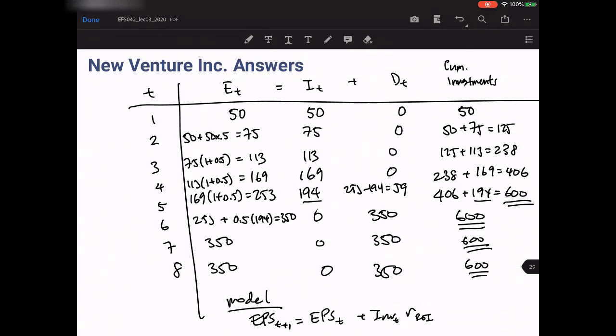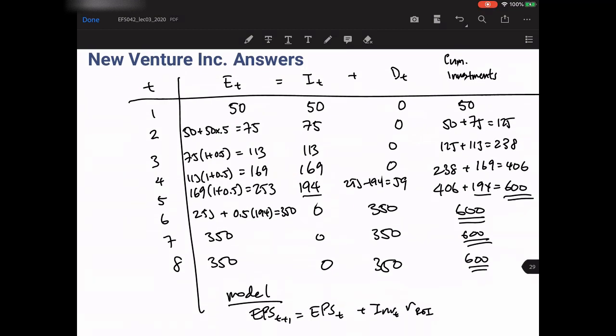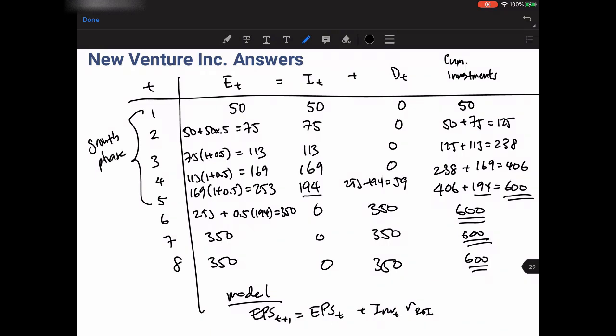So what we have done in the big picture is we've actually mapped out the growth phase of the firm. The growth phase is from year 1 to year 5. And for 6, 7, and 8, and so forth, we have a mature phase.